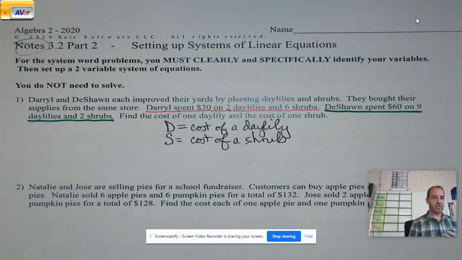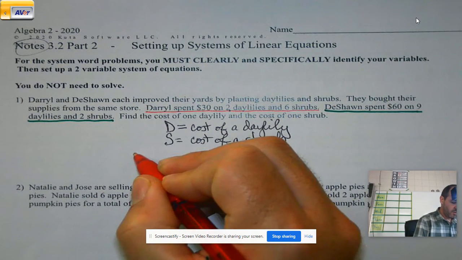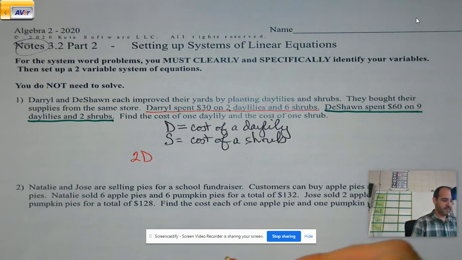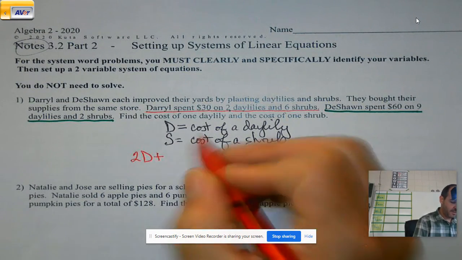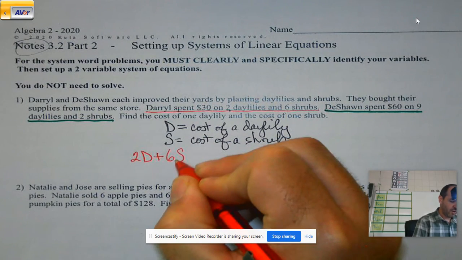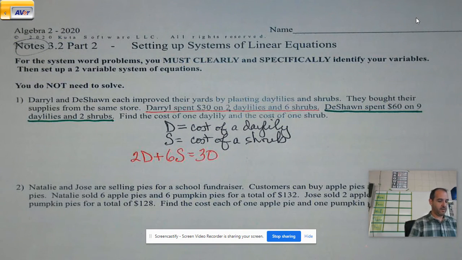So as we start to do this now, we've got something to work with. We can go, okay, so Daryl had 2 daylilies and, or plus, 6 shrubs, and that equals $30. Now, if I look at that and I look at my variables, this makes some sense.